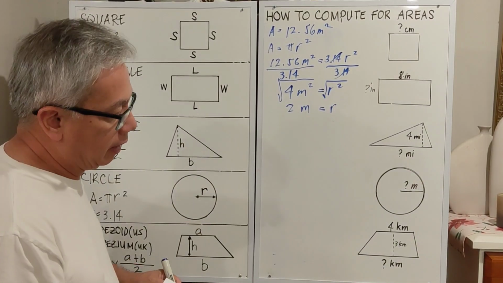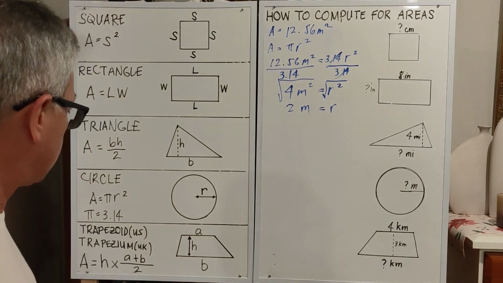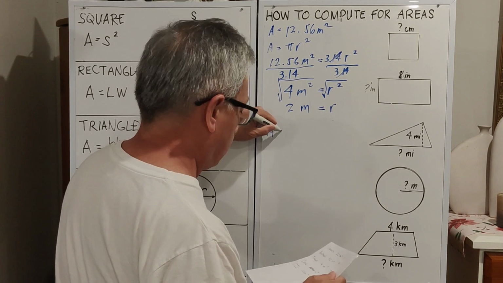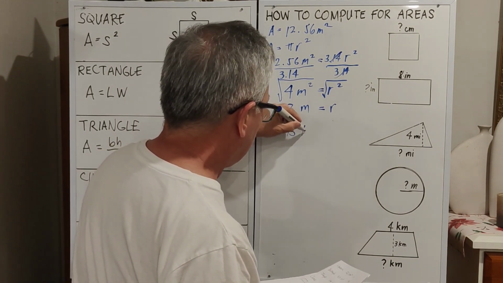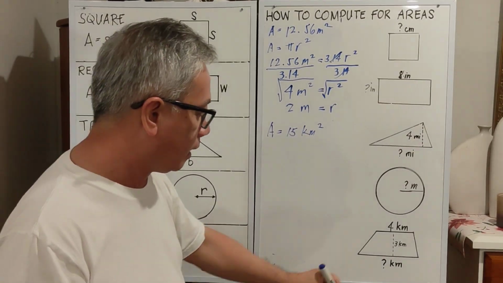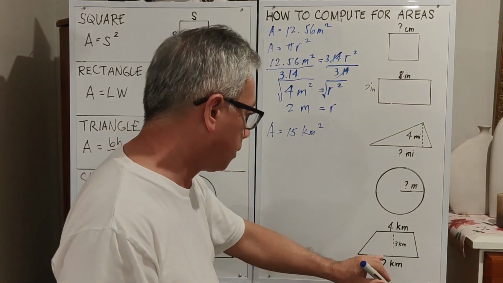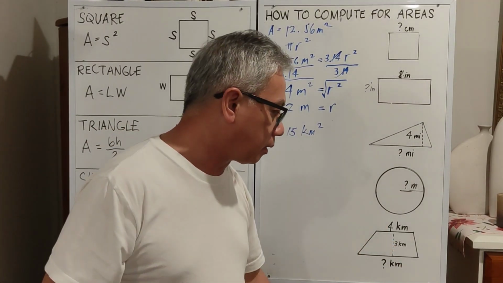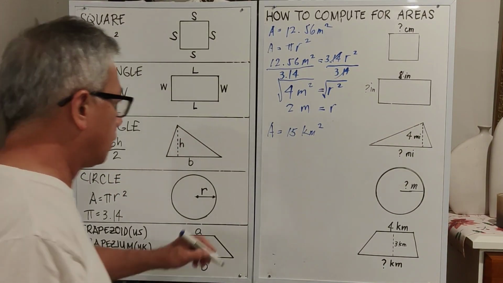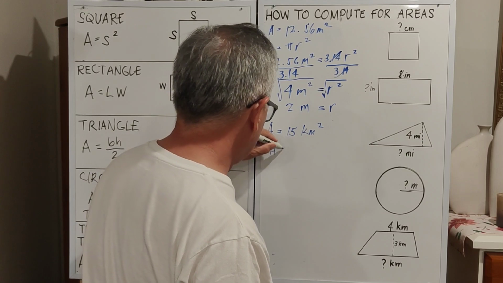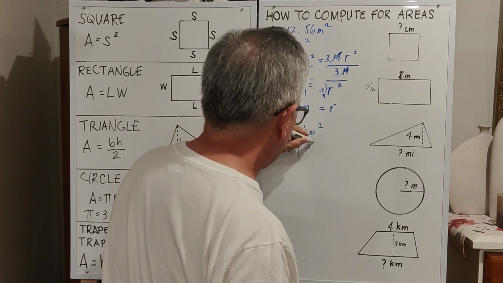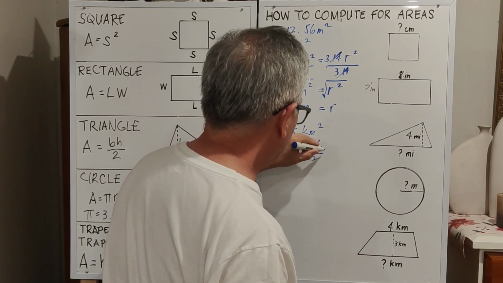Now for the last example, which is a trapezoid. If the area of the trapezoid is 15 kilometers squared, and the A is 4 kilometers and the height is 3 kilometers, what is the base? So the formula for the trapezoid is A is equal to H times A plus B over 2.